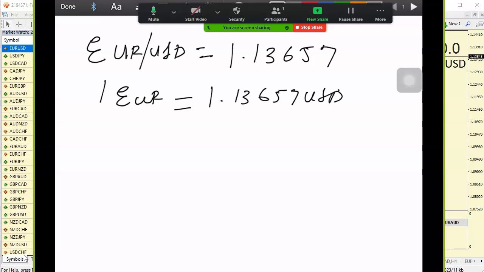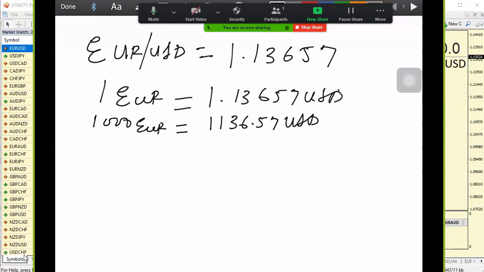So 1,000 euros is equal to 1,136.57 USD. That is the euro dollar exchange rate.